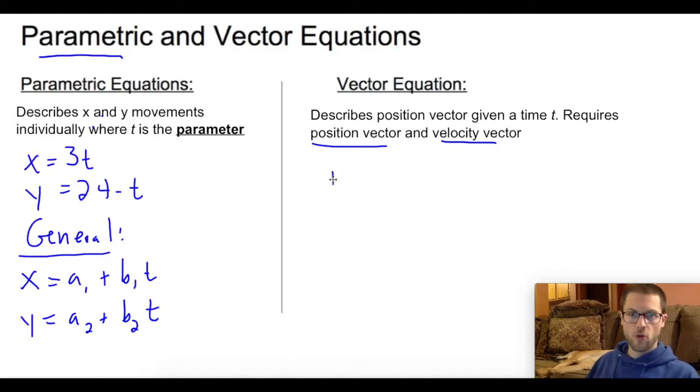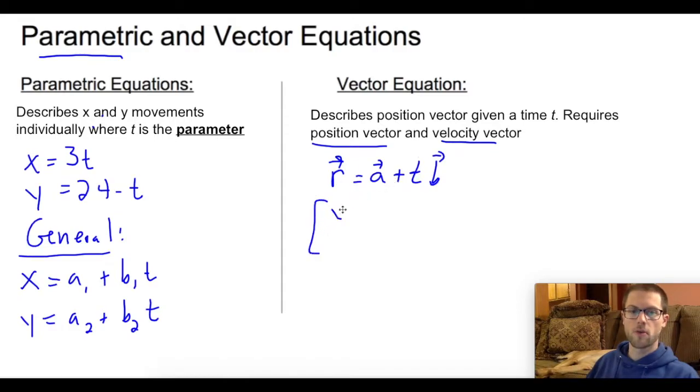So the general form we use in just regular vector form, we call the position r is going to equal the position vector a plus t, the scalar t, times vector b. That's our general position or general equation.